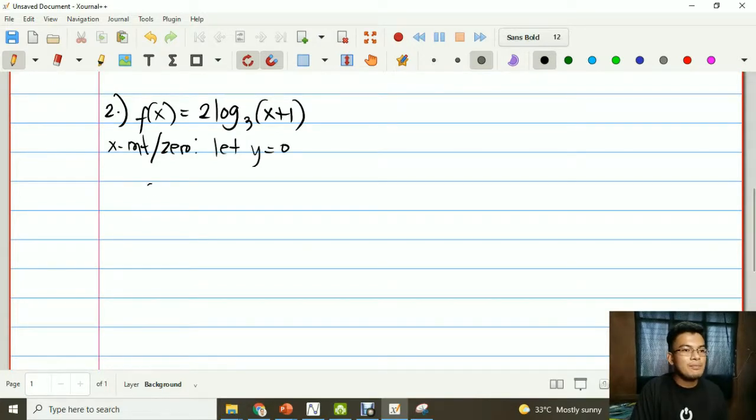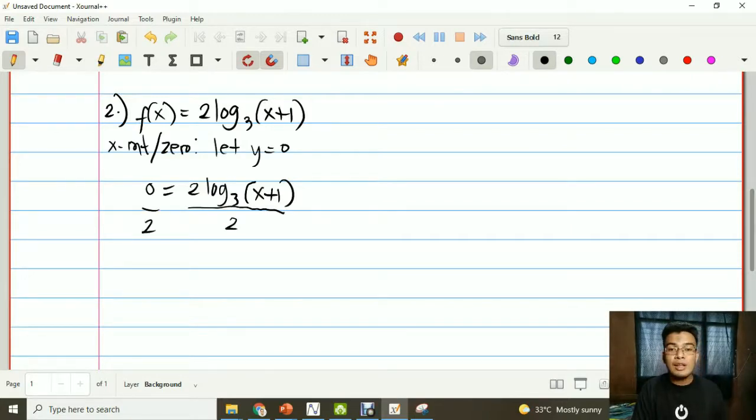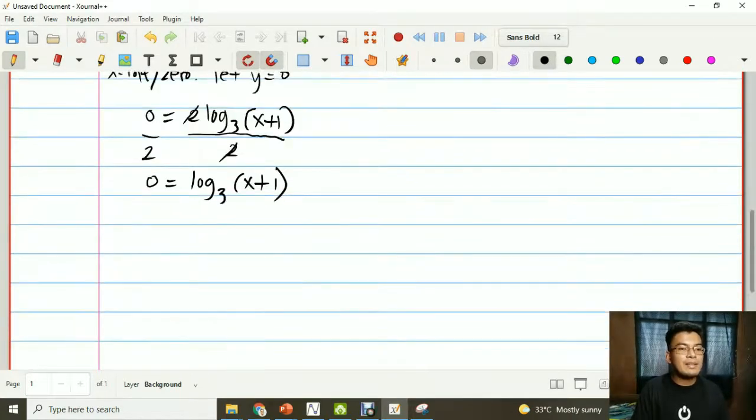So this will be 0 is equal to 2 times log base 3 of x plus 1. We can divide both sides by 2 so that the 2 beside the log is removed. So 0 divided by 2 is 0. 0 is equal to log base 3 of x plus 1. Transforming this to its equivalent exponential form, this will be x plus 1 is equal to 3 raised to 0. We know that 3 raised to 0 is 1.